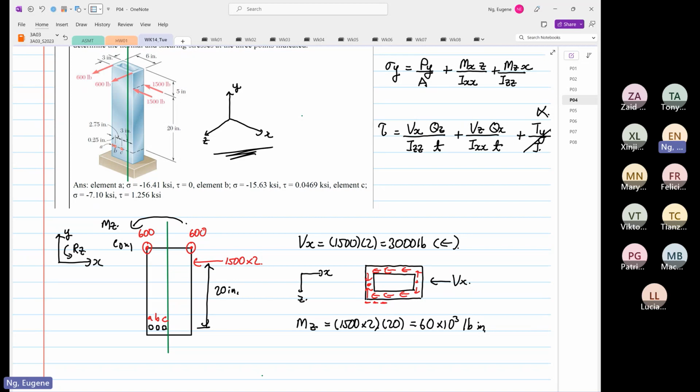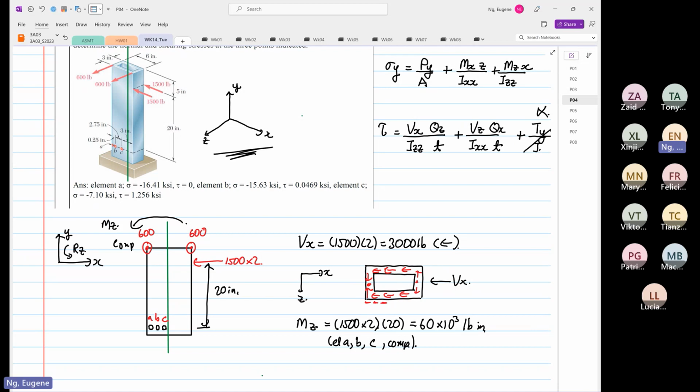Elements A, B, and C are going to have compression. You can put negative, or you can write down compression. Okay, so anything else to do? Nothing else to do. Move on.